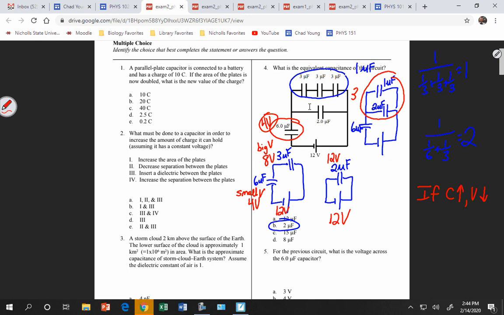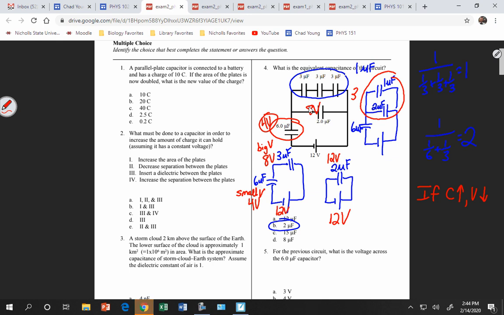I can figure out the other voltages. The 2 microfarad capacitor, what's going to be its voltage? The same as the 3 microfarad. Yes, you're amazing. 8 volts. You would make me so happy if you told me the voltage on the 3 microfarad capacitor. That's because they're in parallel.